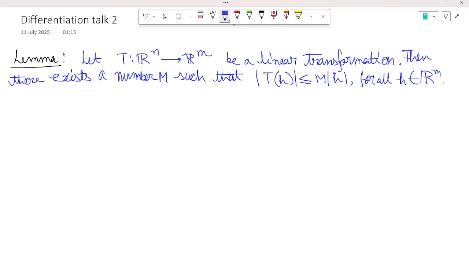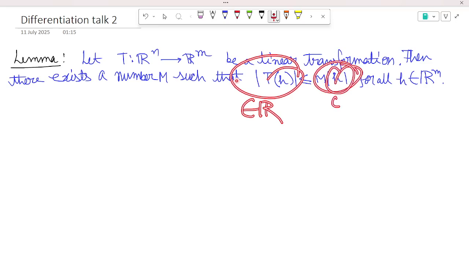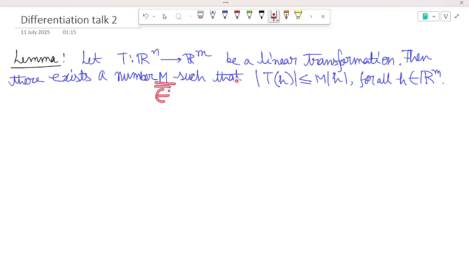H belongs to Rn. So after taking the modulus, I am in R. So this number is from R, and also M is a real number, I mean M belongs to R, so I can compare them.